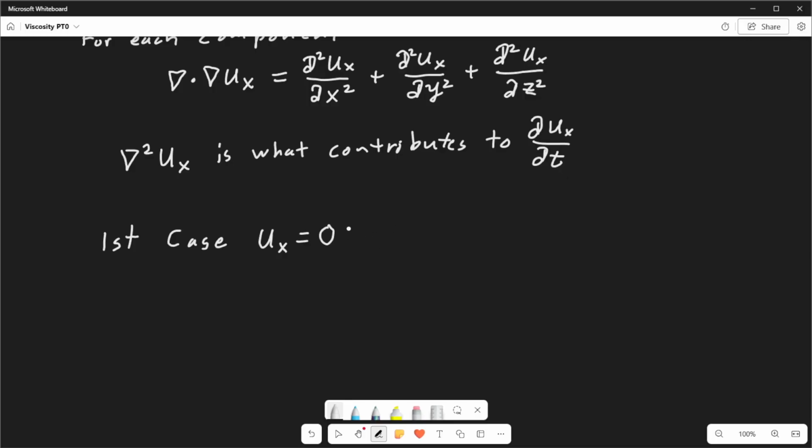Then, obviously, the gradient squared of ux is going to equal 0. So that's kind of a trivial case. This also is true if ux is constant. Ux equals a constant.